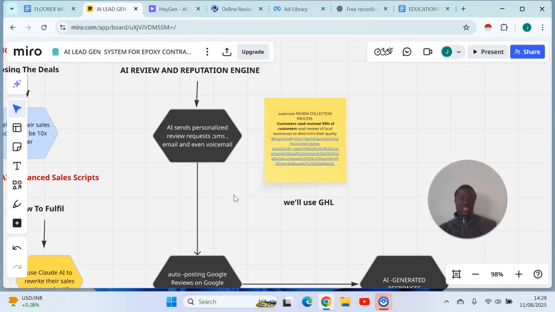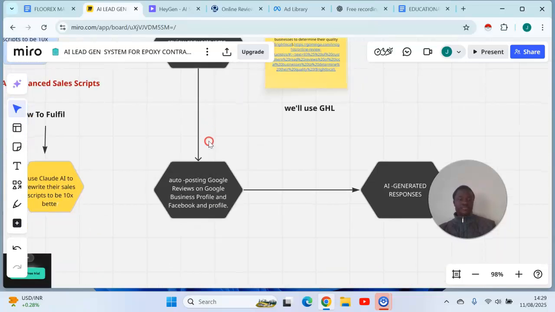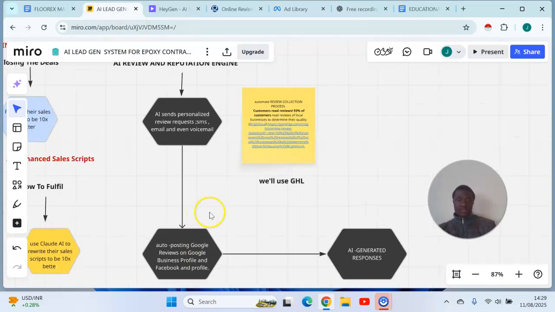It can be through SMS, through email, and even voicemail. Once it sends this request, there are two options here. We either get a positive review or a negative review. If the client happens to give a negative review, we have a sentiment analysis system.